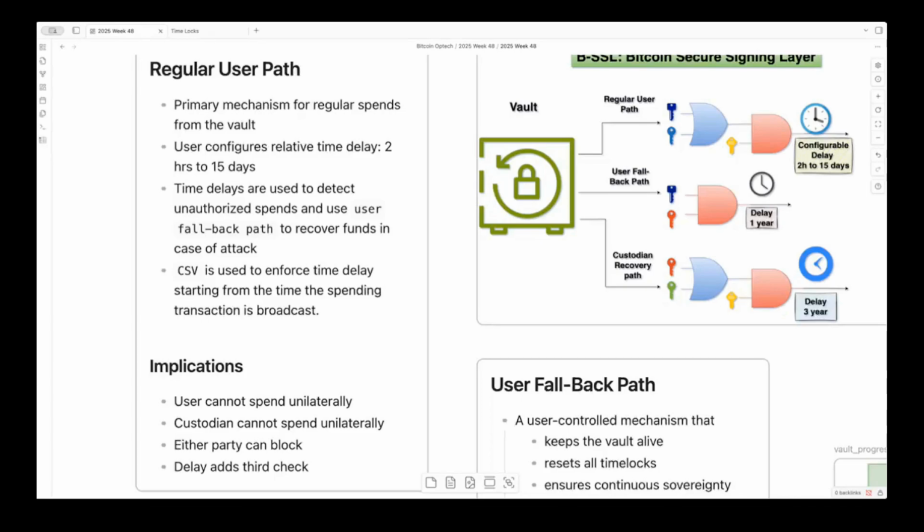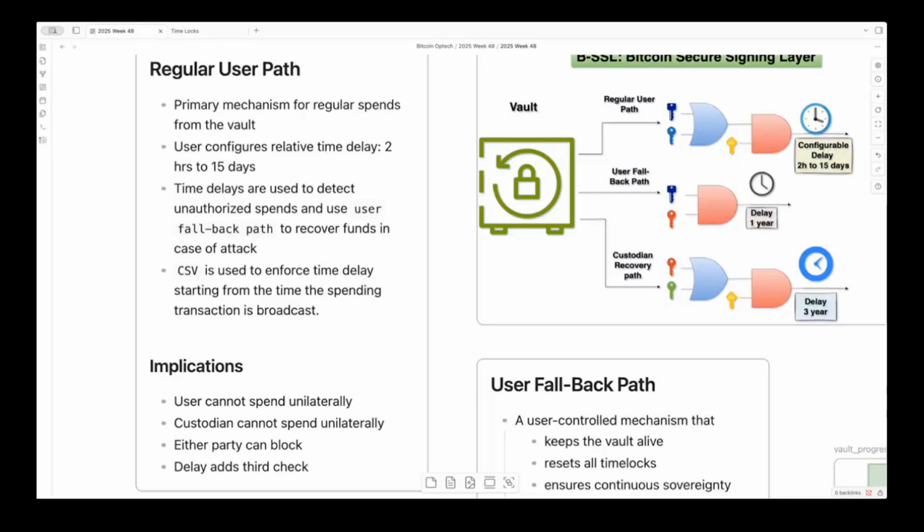If you are the one who composed the transaction and broadcast it, no problem, you just have to wait for 2 hours, and after that the transaction will be taken up for putting it in a block.